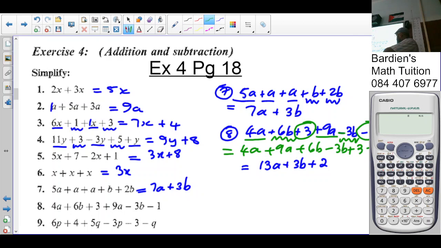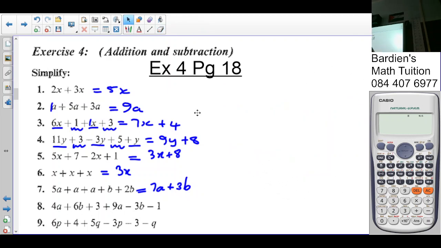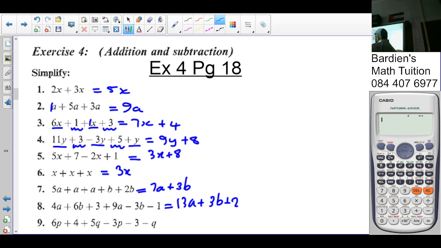Okay? If you find that easier, people, use it. So what's the answer again? 13a plus 3b plus 2. Okay. Let's look at number 9.